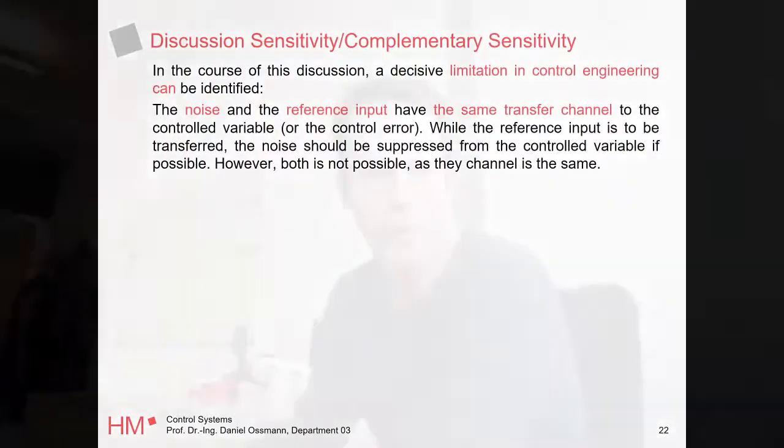Why? Well, that's actually pretty simple. Because the reference signal, you want that reference signal to show up at the output. You want your output to be 96 degrees when you put in 96 degrees. But obviously you don't want your noise showing up at the output, right? So you have a limitation there.